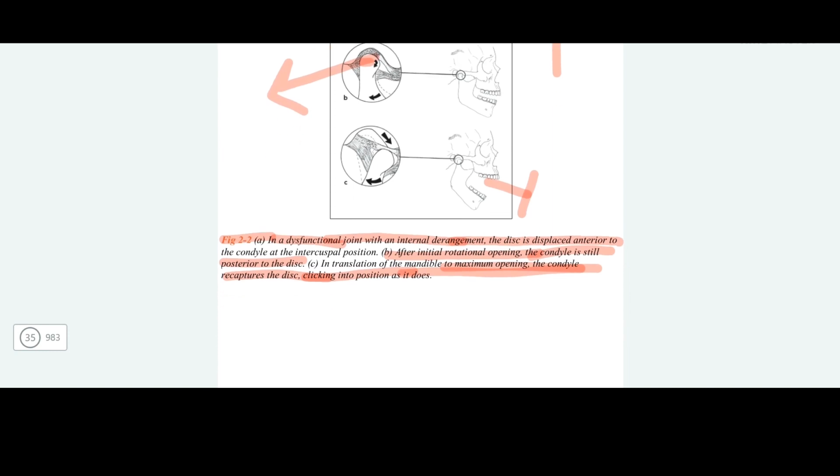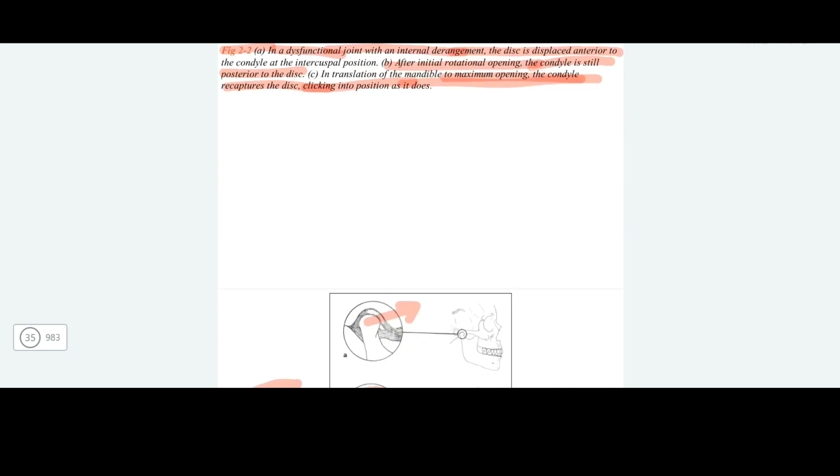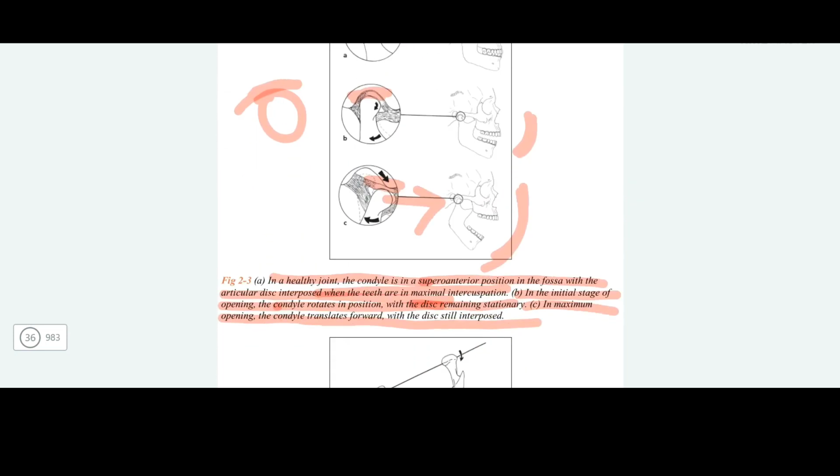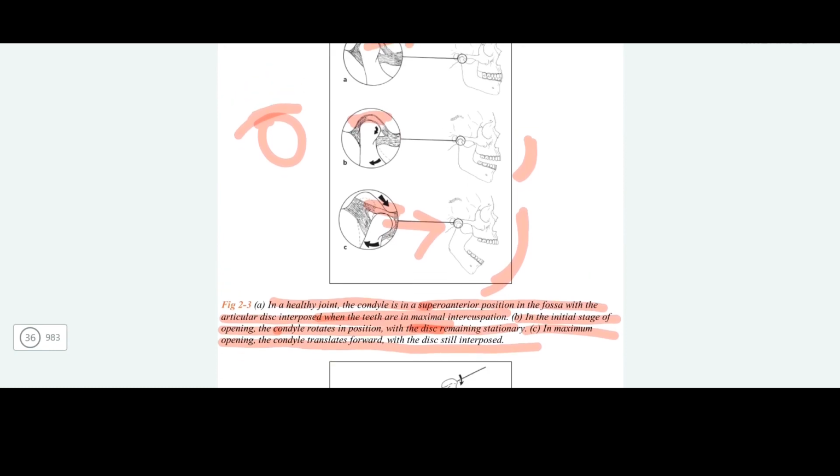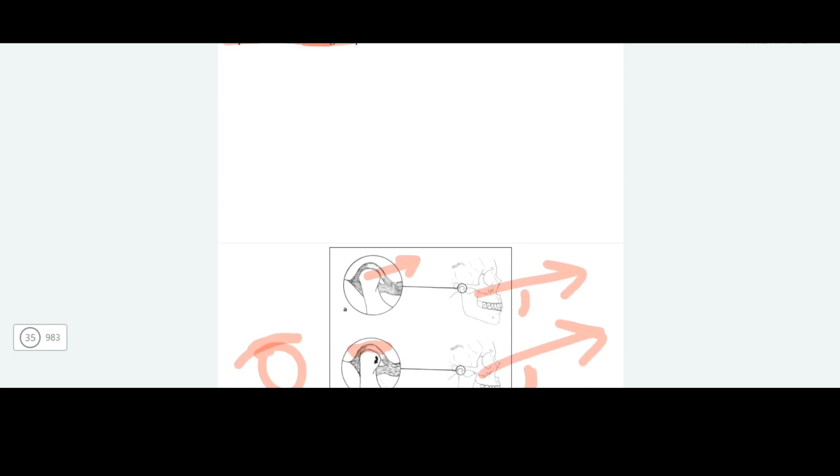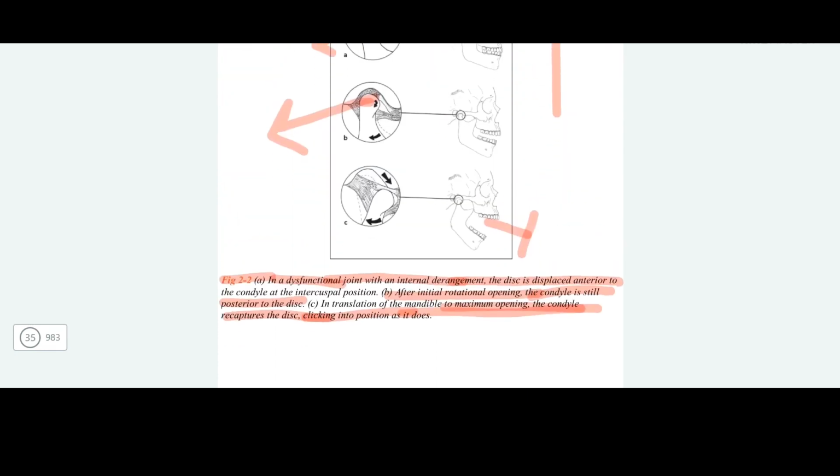Okay, and we could say the different stages, in maximum intercuspation, the initial opening and the maximum opening, the disc and the condyle are still interposed together, compared to the unhealthy joint.